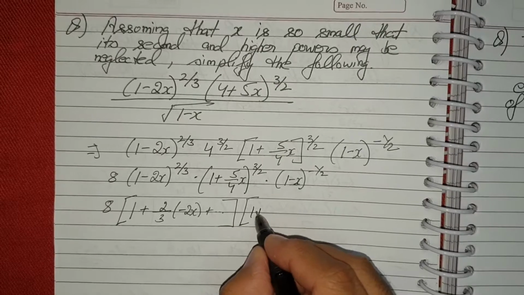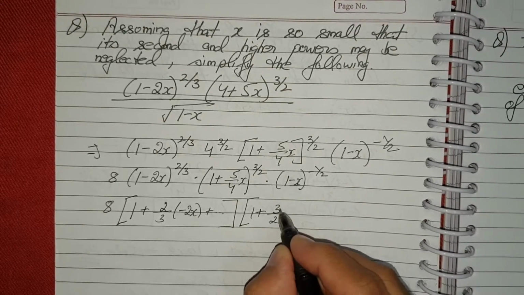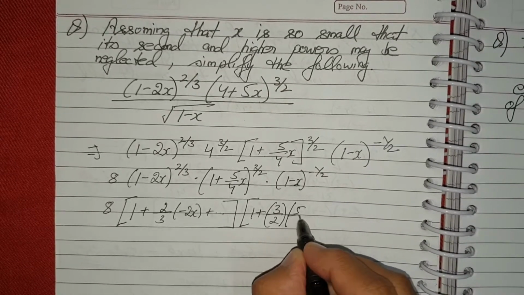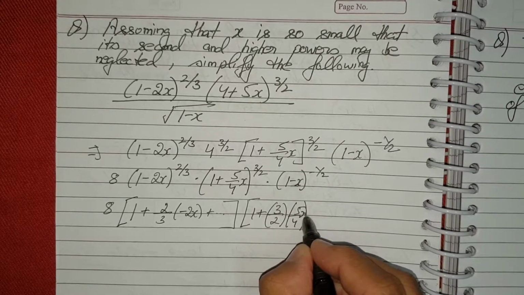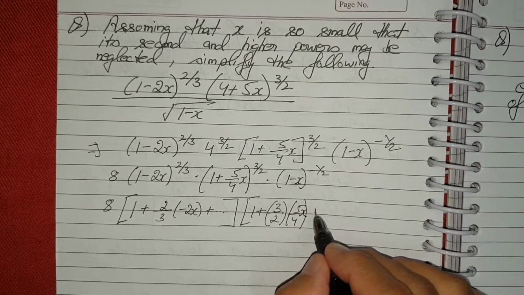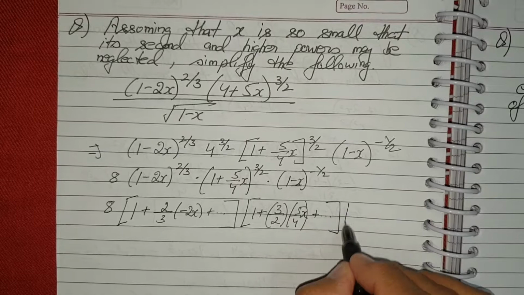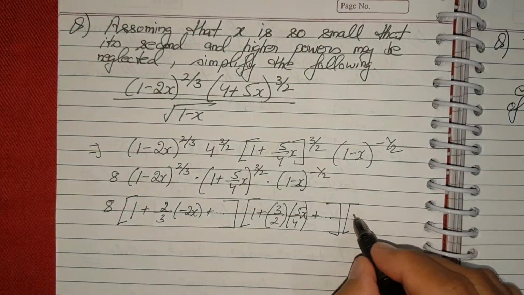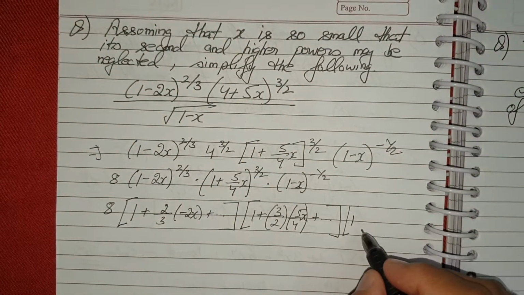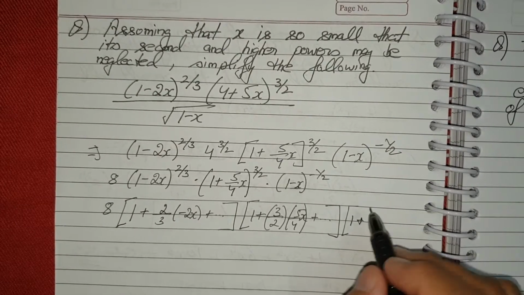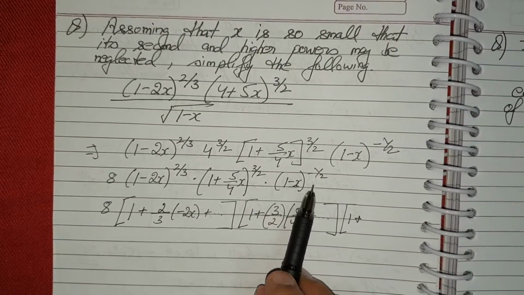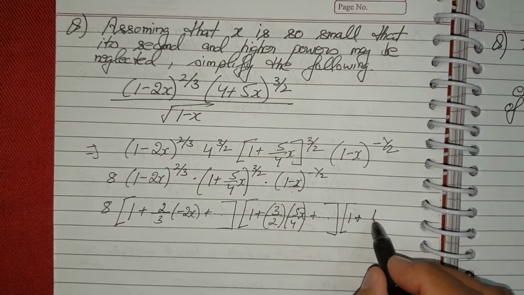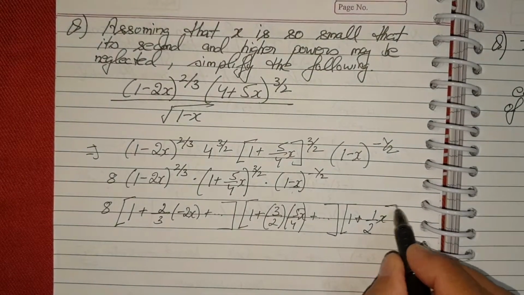This is 1 plus 3 by 2 into 5 by 4 x plus and so on, and this will be 1 plus, actually see, this is minus 1 by 2 minus x, so you can write 1 plus half x.